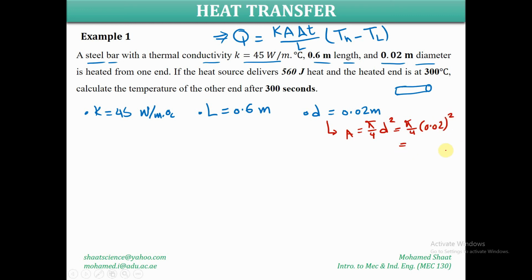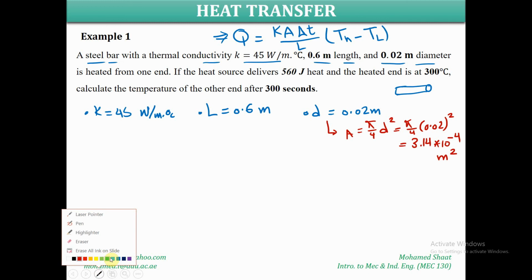Then you can simply do the calculations and you end up with the cross-sectional area. Make sense? Shift, pi divided by 4. This gives us 3.14 times 10 to the power negative 4. So this is the cross-sectional area in square meters that we just calculated.